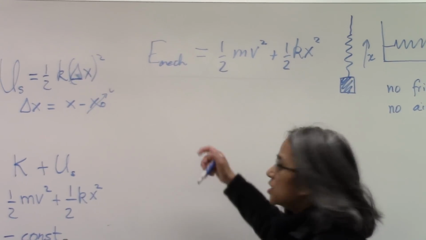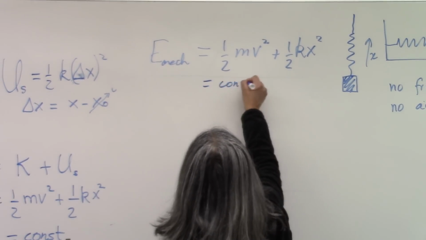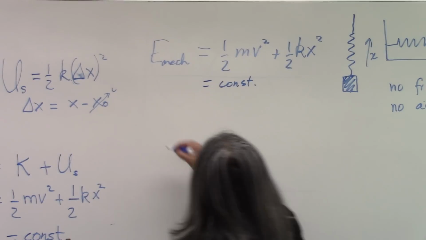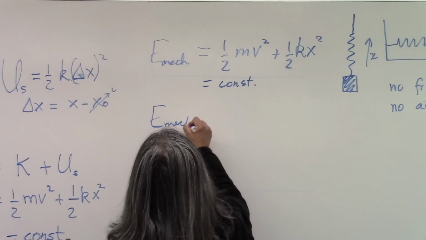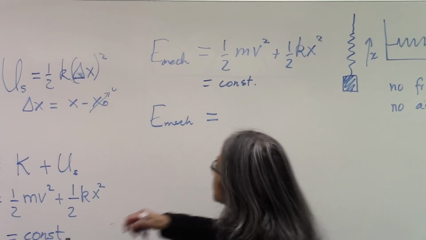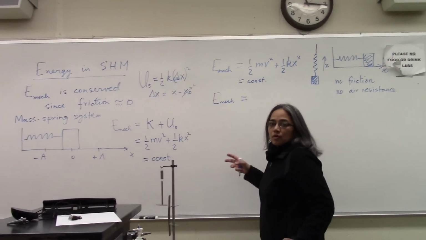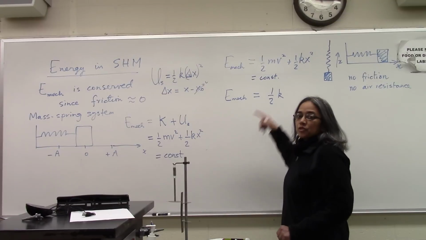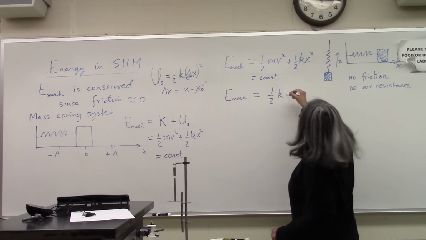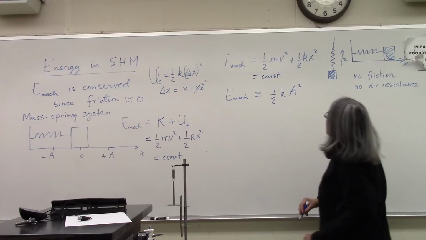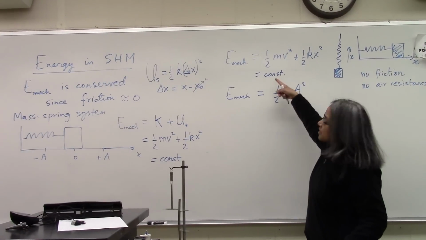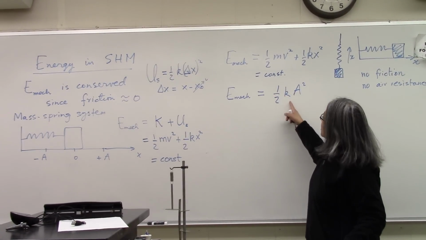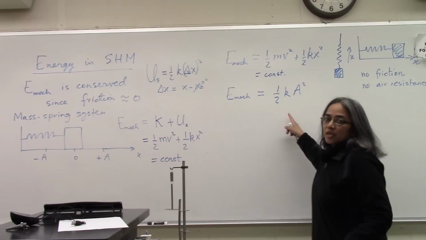This is always true, that this thing is a constant. But we also said that the mechanical energy at the extreme positions is all potential. So that's half k, at the extreme positions x is equal to A, so it's going to be this. And since the total energy doesn't change, this is a valid expression for the total energy as well.